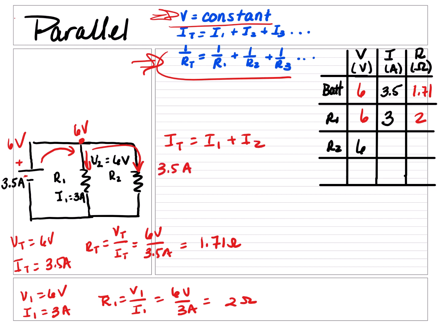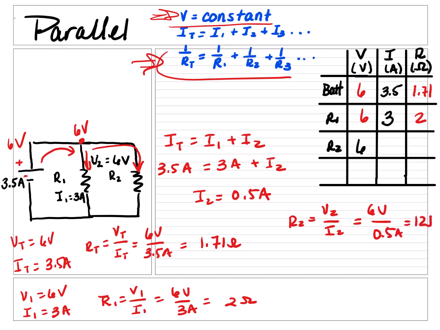That's 3.5 amps. That's at the battery. The current through I1 is 3 amps. So I2 is going to be 0.5 amps. So using Ohm's law, R2 is going to be V2 over I2, which is equal to 6 volts over 0.5 amps. That will give you 12 ohms.